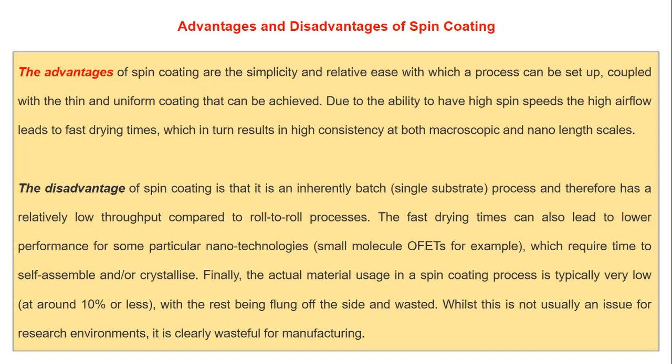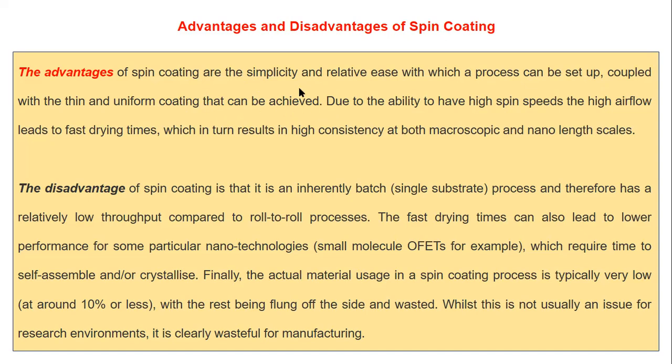If we drop cast onto that substrate, a uniform coating is possible. So it is very simple. The advantage of spin coating is the simplicity and relative ease with which a process can be set up, coupled with the thin and uniform coating that can be achieved.